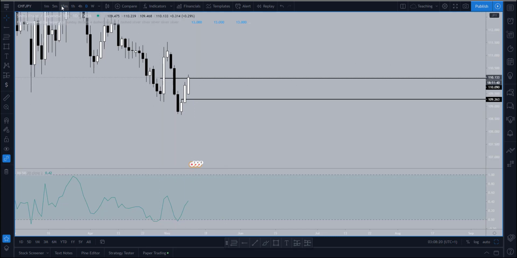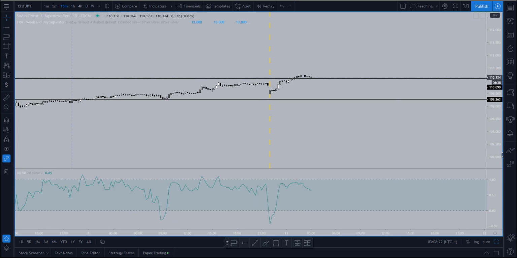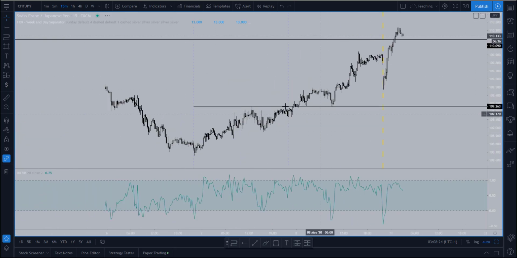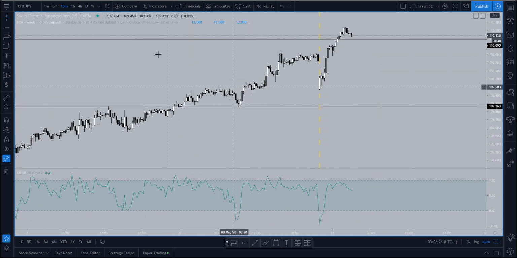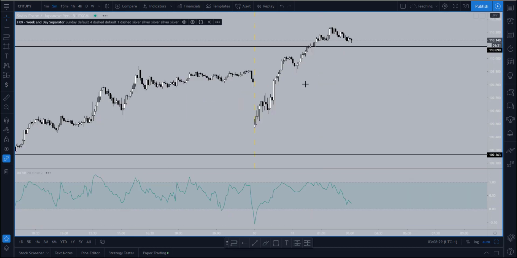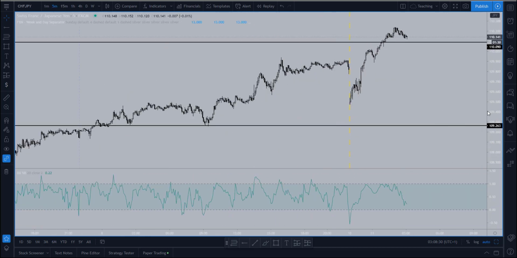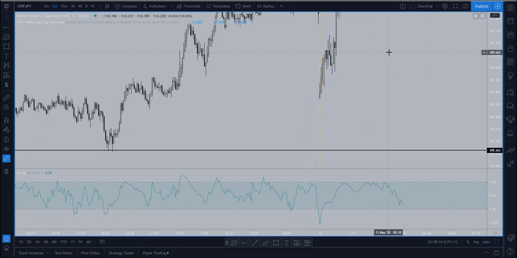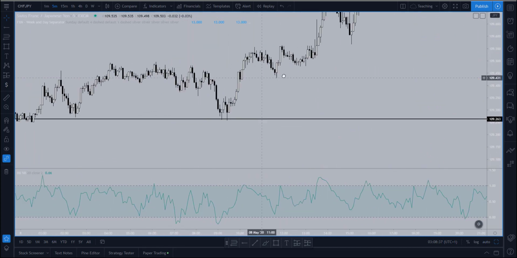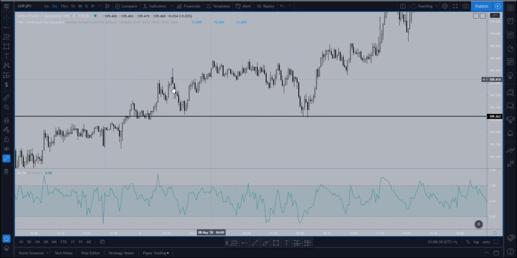Alright, so if I drop back down to the 15 minutes, I actually used the 5 minutes, so let me drop down to the 5 minutes because that's the time frame I used to get into the trade. So this is when we closed above it on the hourly candle.